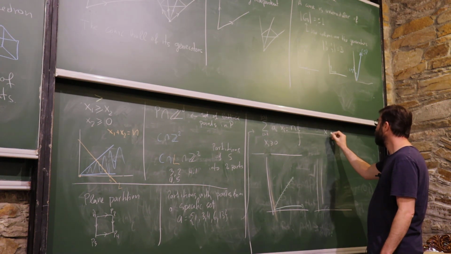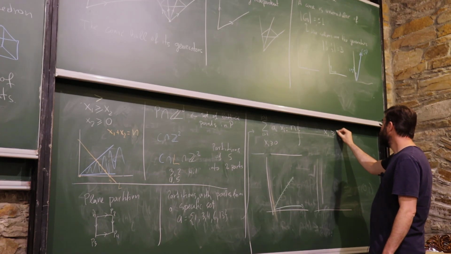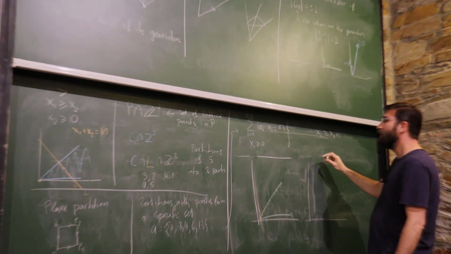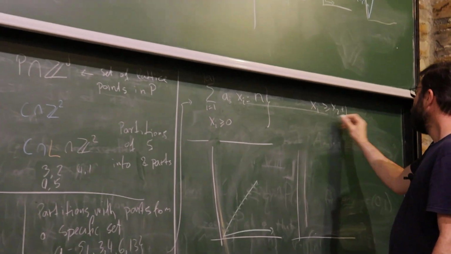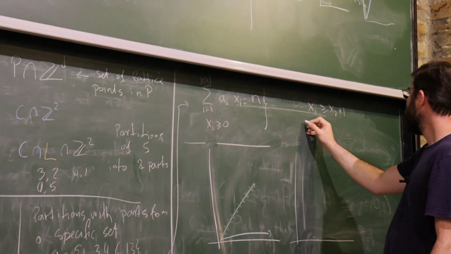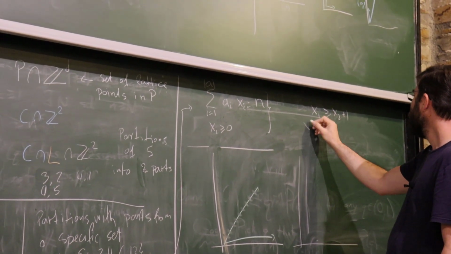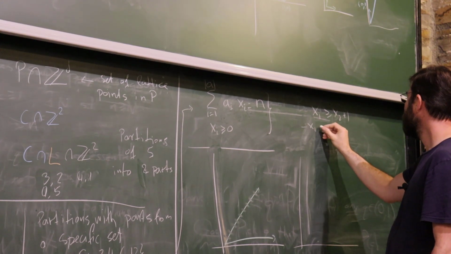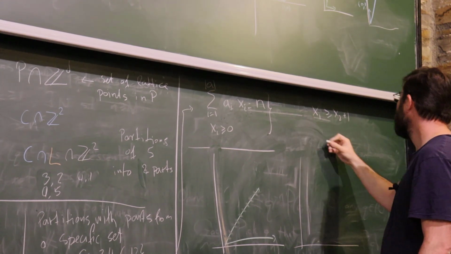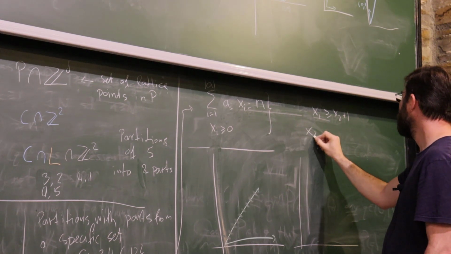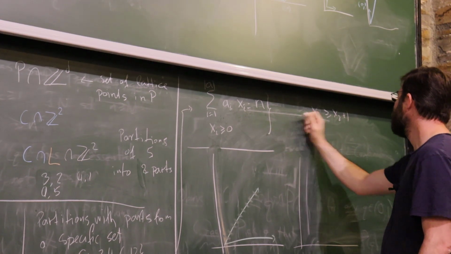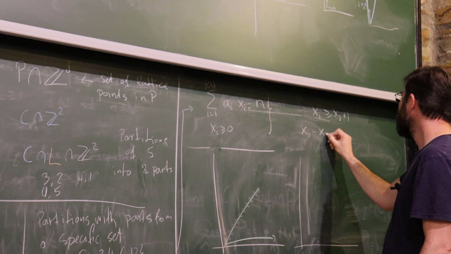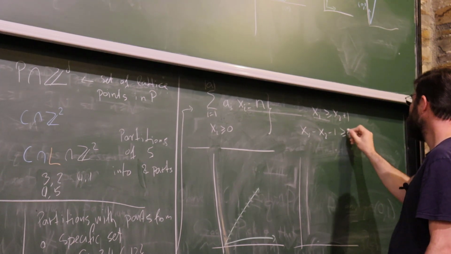Because, so, okay, let's see what it is. So say that x1 is greater or equal to x2 plus 1. I mean, let me write this. So this is x1 minus x2 minus 1, right? Greater or equal to 0.